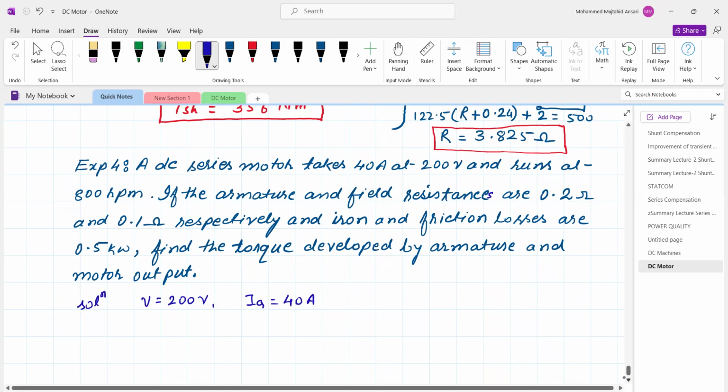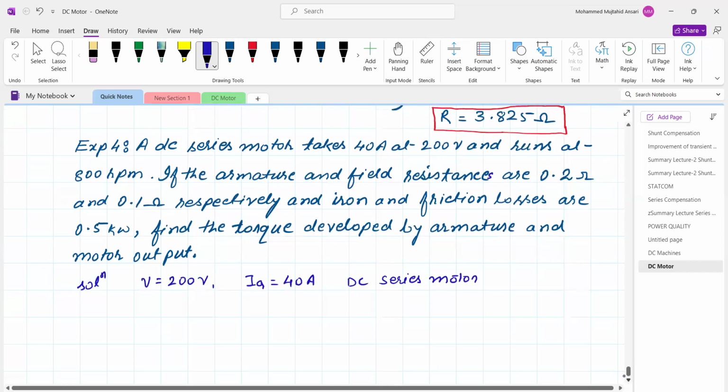It is a DC series motor. It is very necessary to note this, otherwise the whole numerical will be wrong. It runs at a speed of 800 RPM.